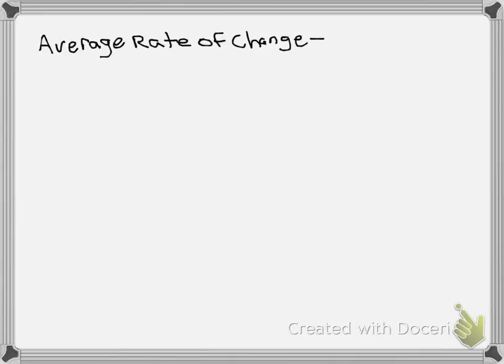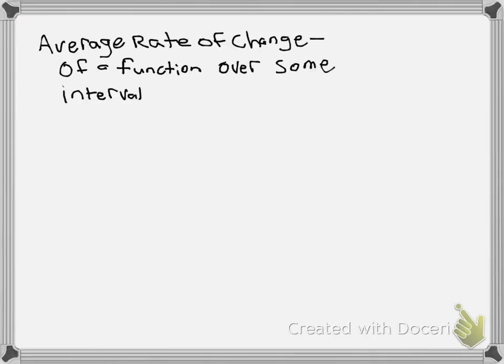The average rate of change of a function over some interval is the amount of change divided by the length of the interval.